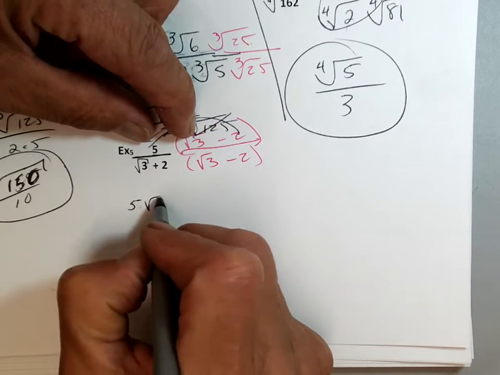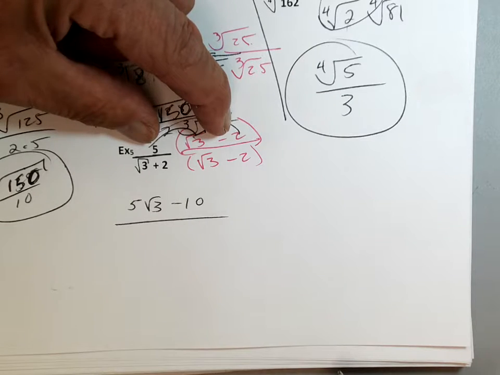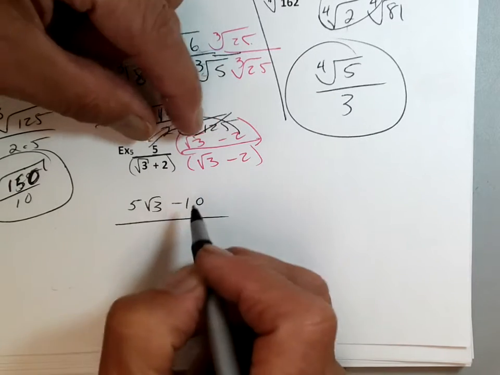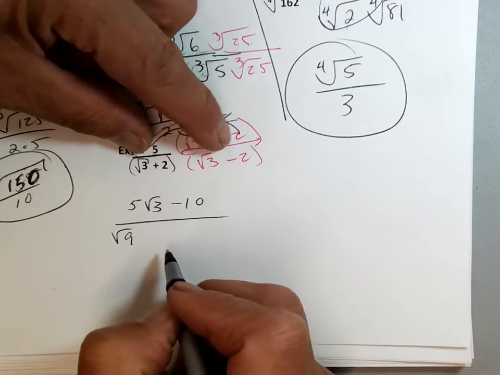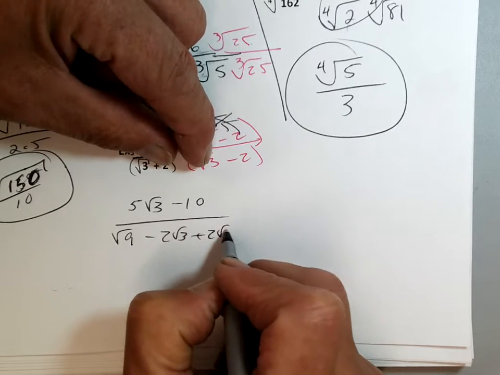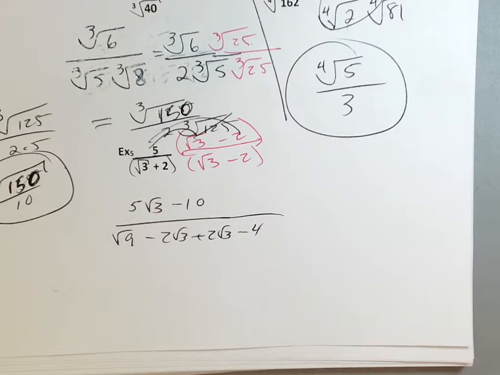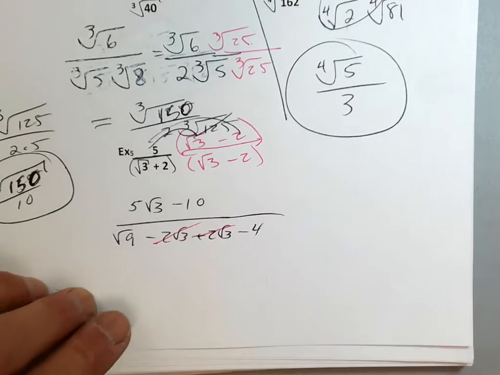5 square root of 3 minus 10 over the square root of 9 minus 2 square root of 3 plus 2 square root of 3 minus 4. Cancel, cancel, right?